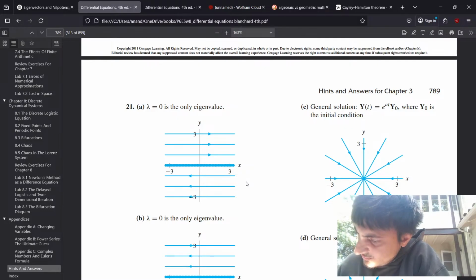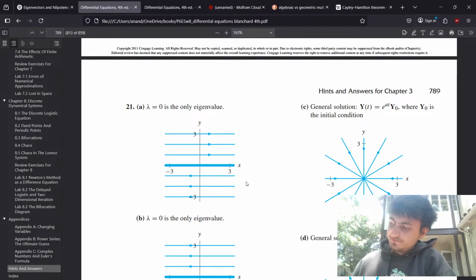If y is equal to 1, then there's an arrow going this way. Oh, I actually like this one. This one's cool.